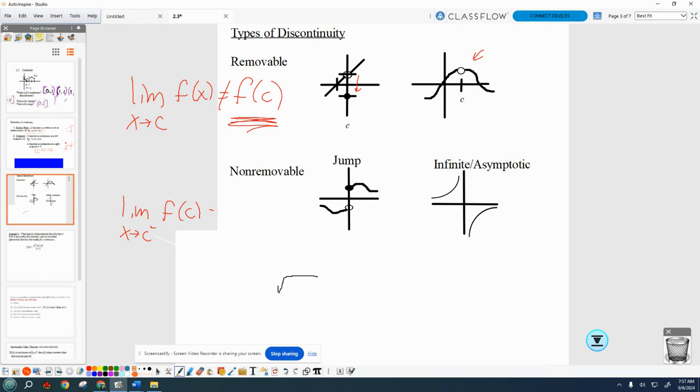And a jump is where the limit from the left and the right go to different numbers. And it's got an infinite, or asymptotic, discontinuity when either side goes to infinity.